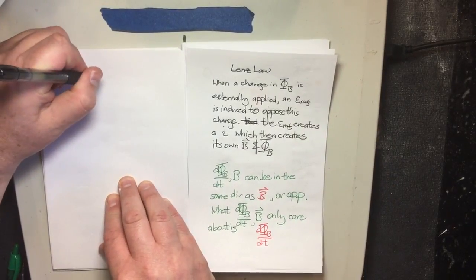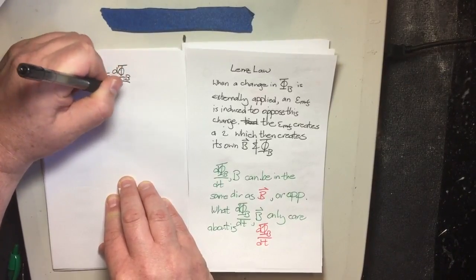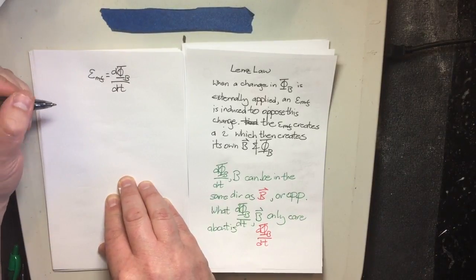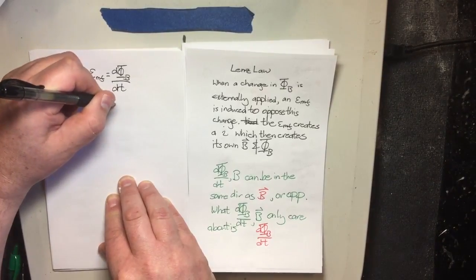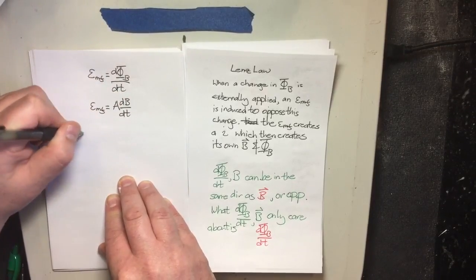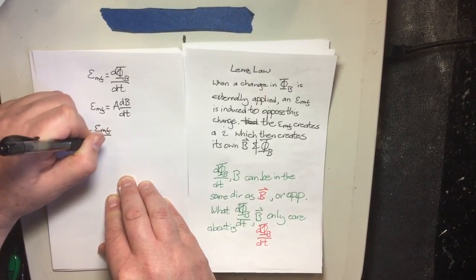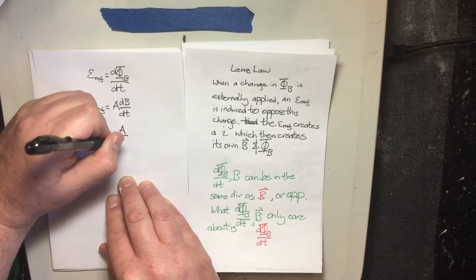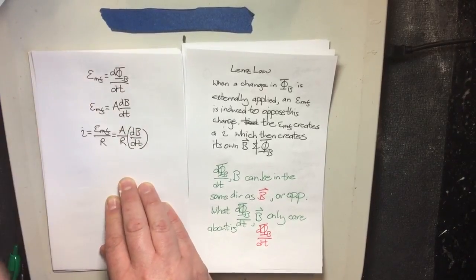The electromotive force, magnitude, now really what I'm doing with this is I'm just writing magnitudes, is dΦ_B/dt. Because it's a changing magnetic field, the electromotive force is area times dB/dt, and current, which is electromotive force divided by resistance, is equal to A over R times dB/dt.